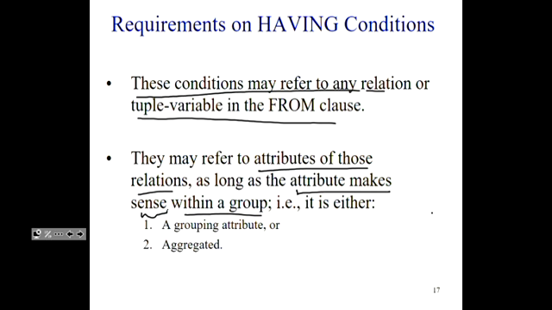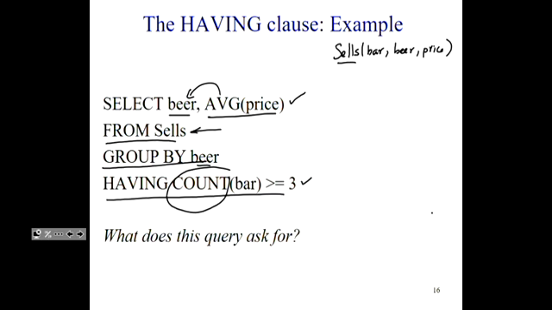As long as those attributes have been collapsed, aggregated within a group, so either they are a grouping attribute or they are something that's being aggregated. So we saw here that we used count. Count of bar is perfectly fine to use because you've taken all the bars and collapsed them down into one number.